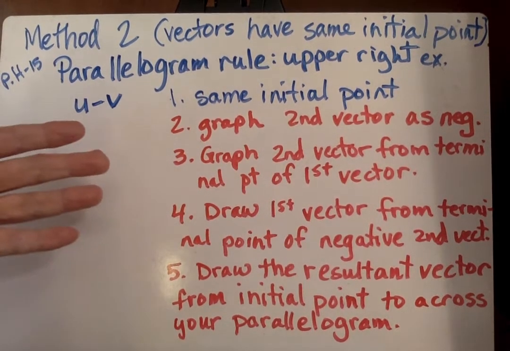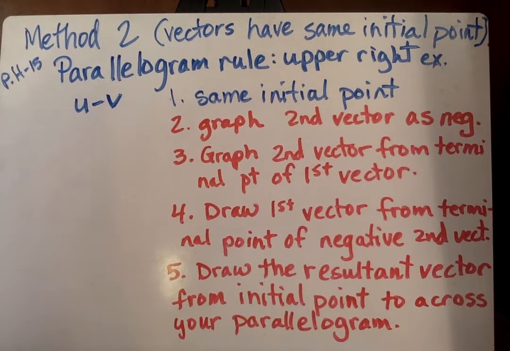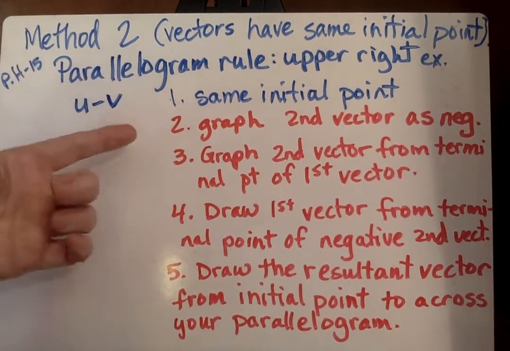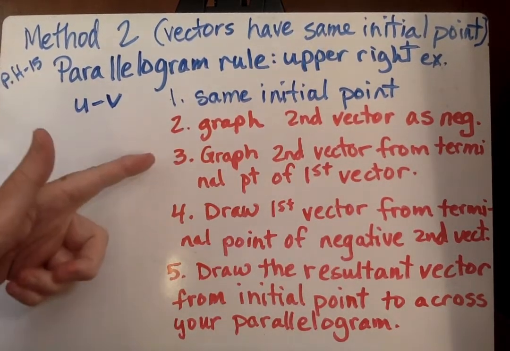I'm not sure, go ahead and pause the video if you want to write down these steps. Sometimes step by step makes it easier. Same initial point, you want to use the parallelogram rule, graph the second vector as a negative, so that just means the opposite direction.